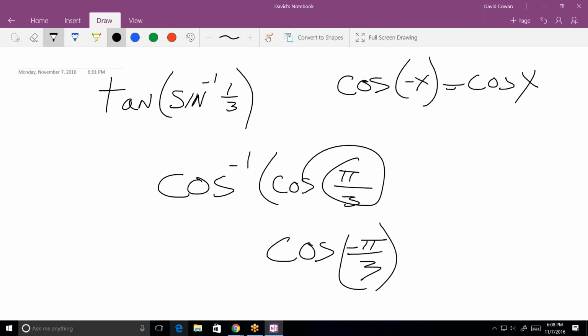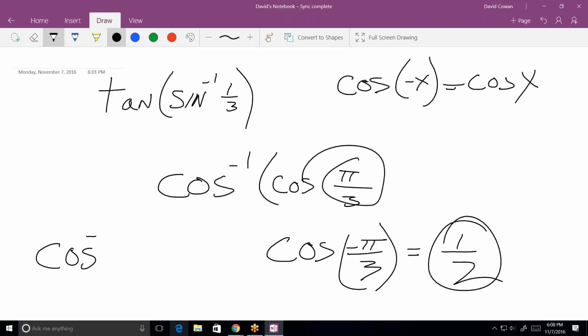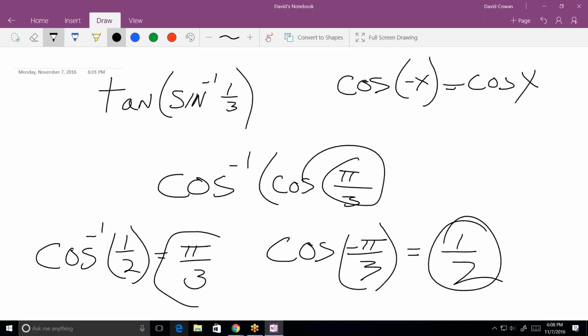Fourth quadrant, cosine is positive, right? Yeah. So it's the same as the equivalent first quadrant answer, which is 1/2. The cosine of 60 degrees is 1/2. Whether it's fourth quadrant or first quadrant, doesn't matter. It's still 1/2. So okay, that makes sense. Now the problem becomes the inverse cosine of 1/2. And that is 60 degrees or pi over 3. So that's definitely the answer.